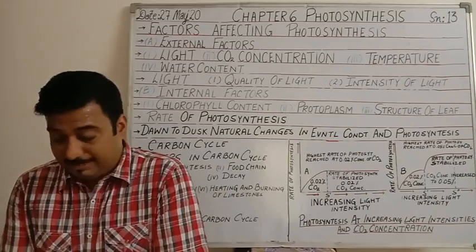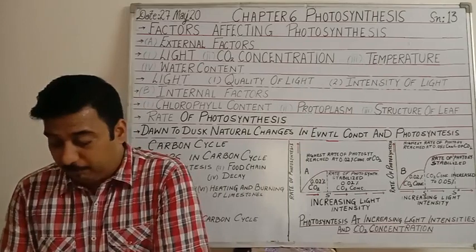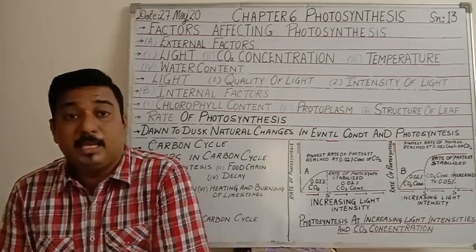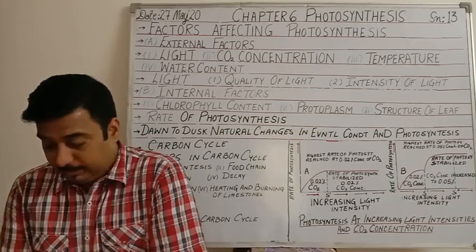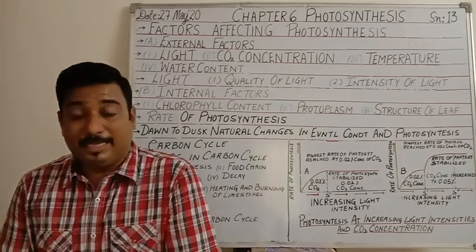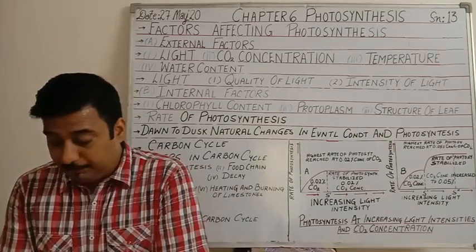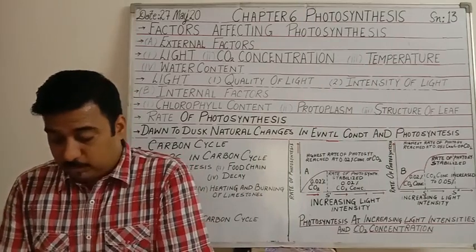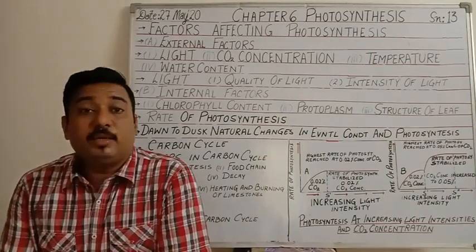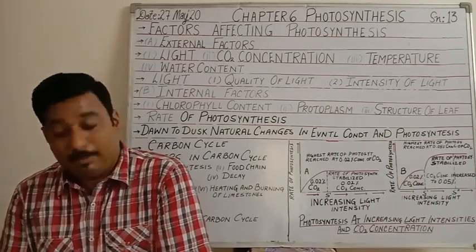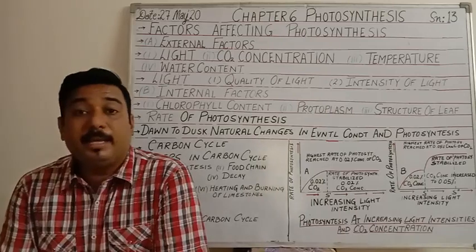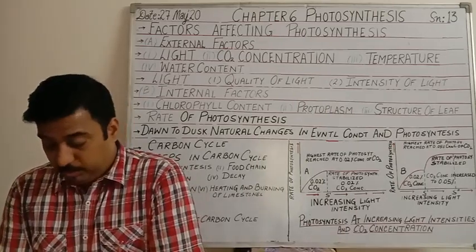Under this topic we had seen how the fixation of atmospheric carbon dioxide takes place into the formation of organic food material, through the carbon dioxide acceptor, that is RuBP, ribulose bisphosphate. The reaction of this fixation of atmospheric carbon dioxide was catalyzed by an enzyme called RuBisCO.